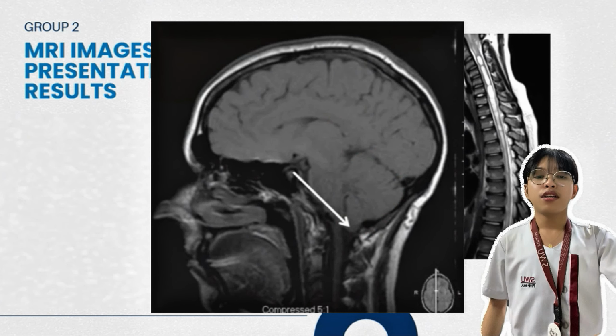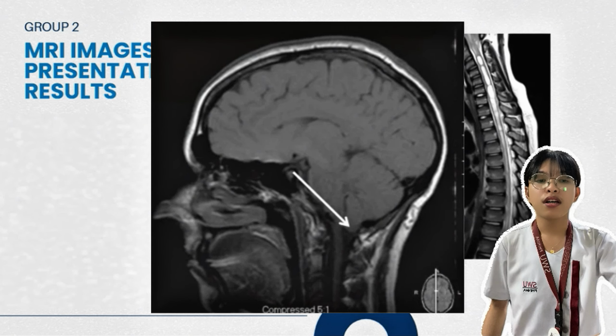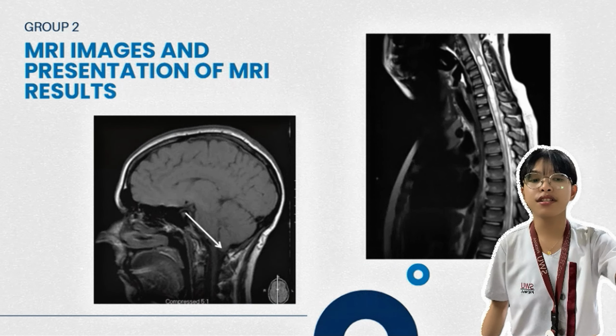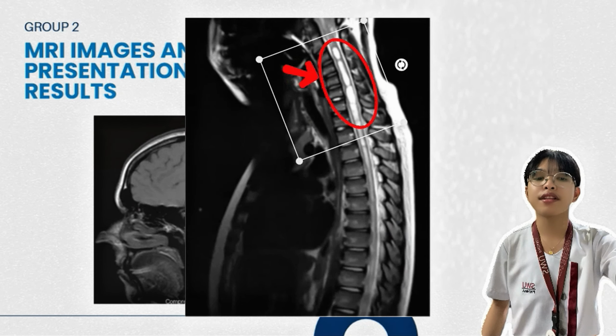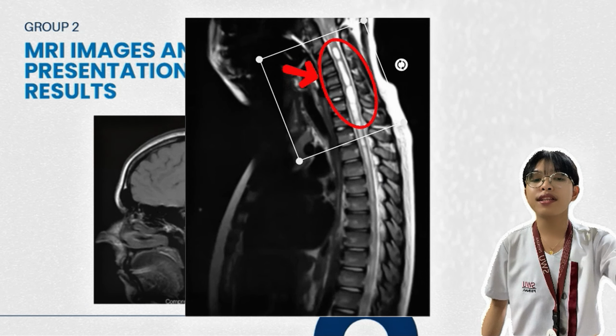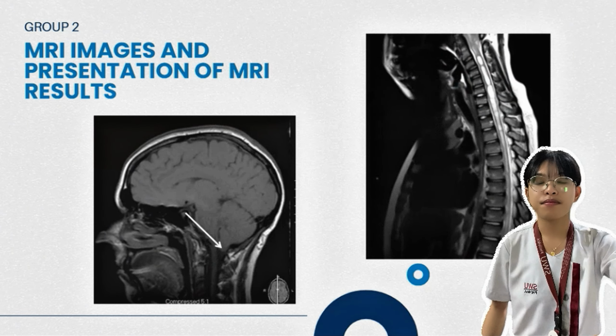And you see this elongated portion of the cerebellum extending down into the upper cervical canal. In addition, you see this hyperintensity within the cord that tracks all the way down, and this is a cross section of that.